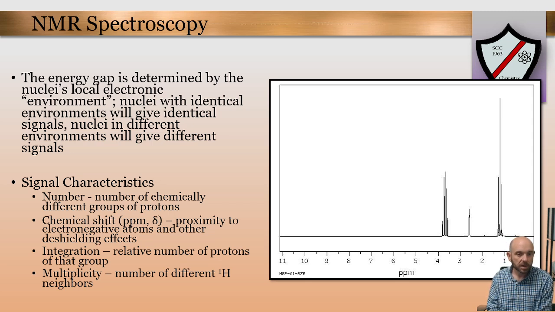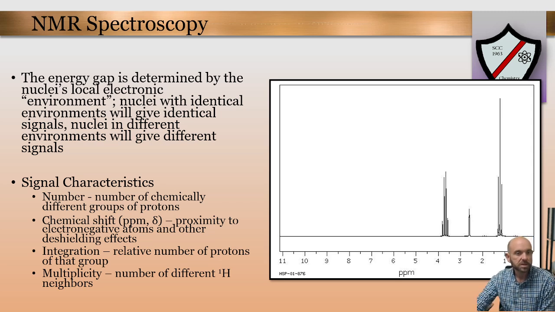The things we're going to look at are the number of different signals, which tells me how many different chemical groups of protons there are in an NMR spectrum. The chemical shift, basically where the signal falls on the graph, will tell me the proximity to other electronegative atoms and other deshielding effects in a molecule.